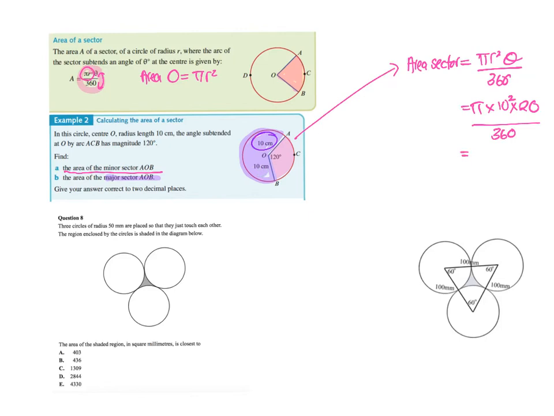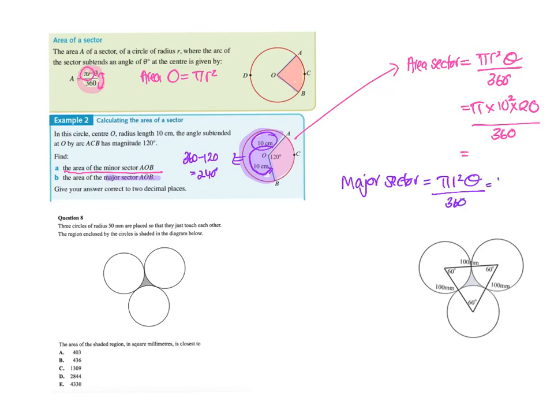So if we went to find the major sector, if this is 120, but it's got to be a full circle, doesn't that make that how many degrees? It'd be 360 minus the 120 equals 240. So the major sector would equal, again, pi r squared times the angle over 360.